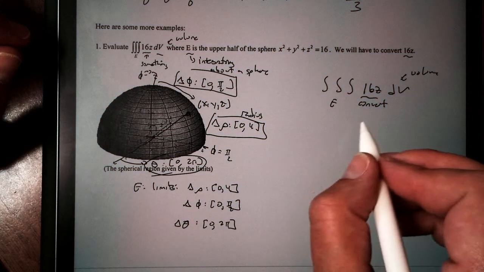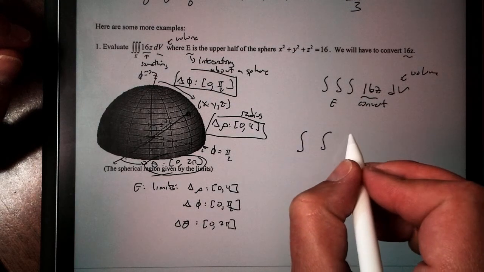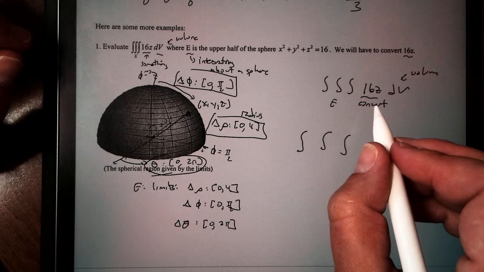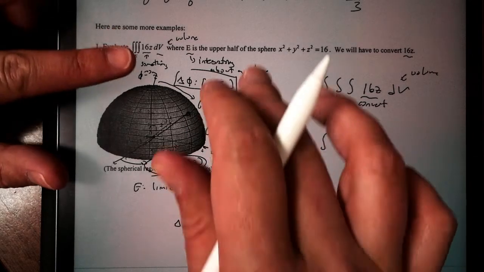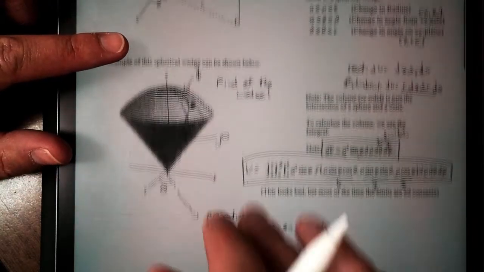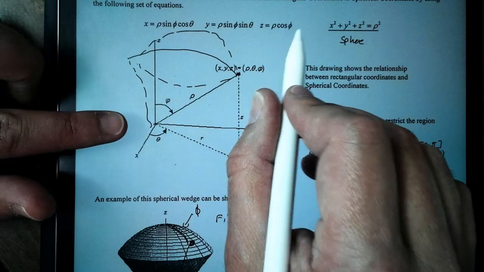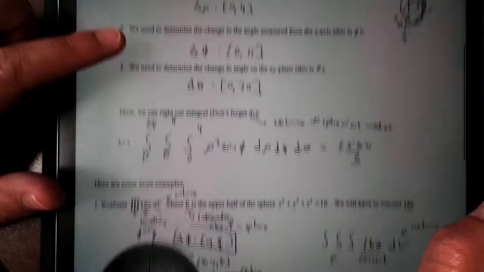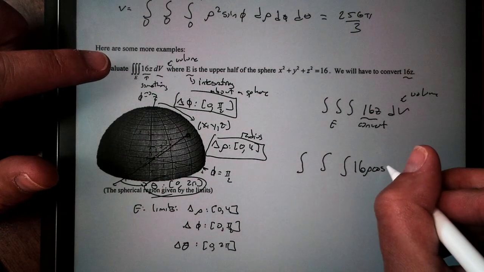When we start setting this up, let's write 16z. Z, from up above, we know z is just written as rho cosine phi. So I can just write this as 16 rho cosine phi.